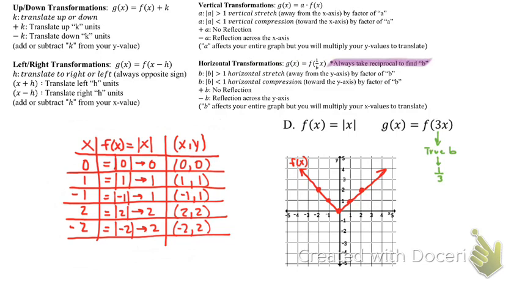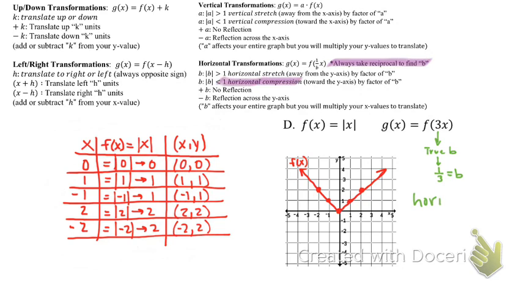And since 1/3 is my B value, we know it's going to be a horizontal stretch or compression. So let's look. My true B value is 1/3, which means since it's less than 1, we are going to have a horizontal compression. Okay, so let's write that.